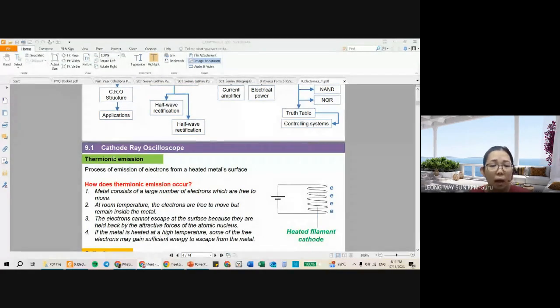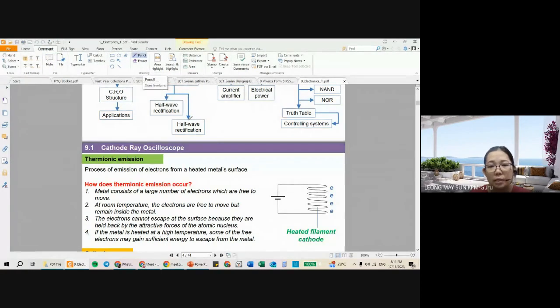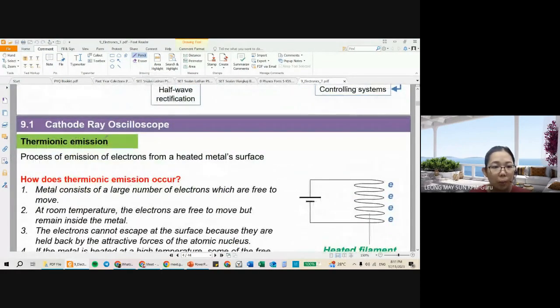So, thermionic emission. The word thermionic comes from two words which I mentioned 2 weeks ago. It can be broken into two: thermo comes from the word thermal, meaning heat, and ionic comes from the word ion.